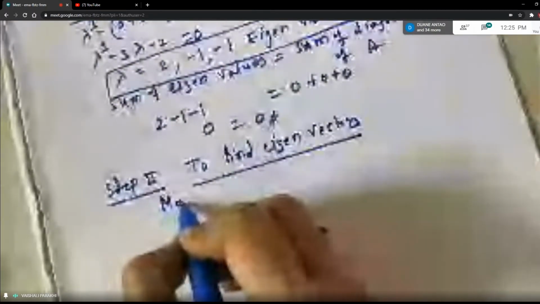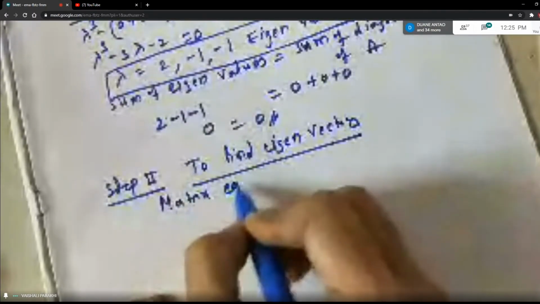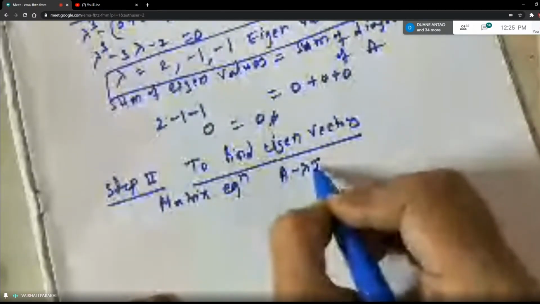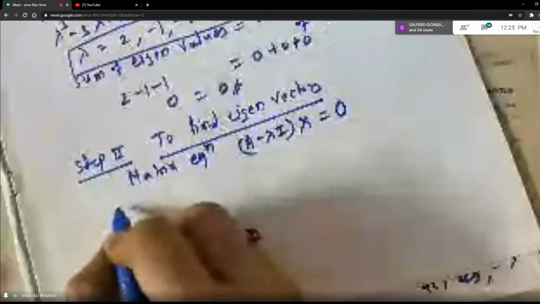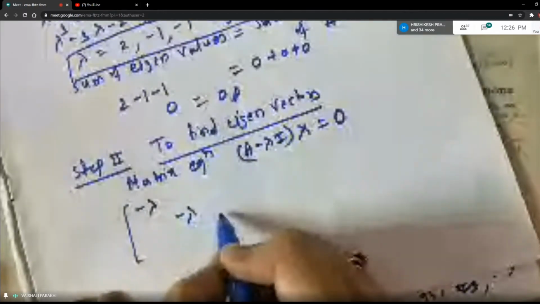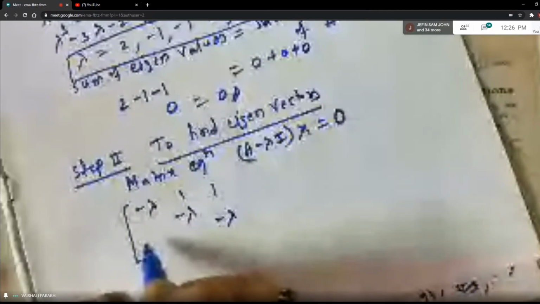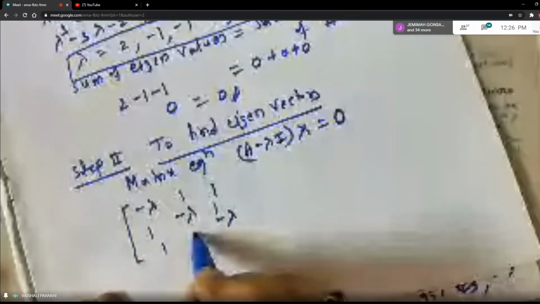What is that matrix equation? (A minus lambda I) x is equal to the null matrix. Correct? Now what is A minus lambda I in this, students? Just subtract lambda from the diagonal elements. So 0 minus lambda, 0 minus lambda, 0 minus lambda, right? And the remaining elements will remain the same. This is 1, 1 and this is 1, 1.